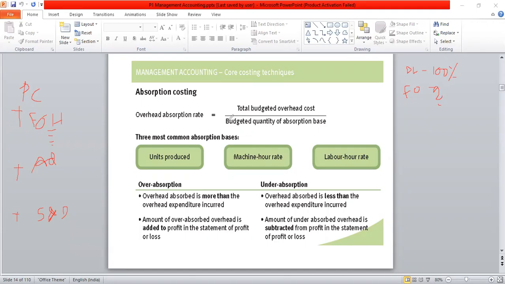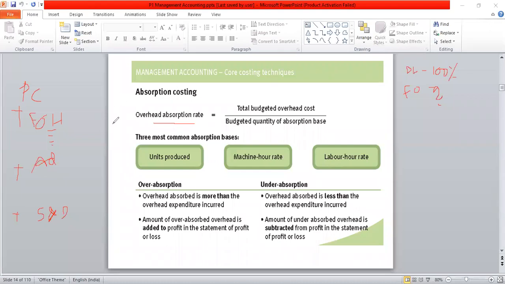So there is an overhead absorption rate which is calculated. Usually it is direct labor, sometimes direct labor hours, machine hours, or prime cost, or anything it could be. But generally we see that it's direct labor hours. So here it says total budgeted overhead cost divided by budgeted quantity of absorption base.